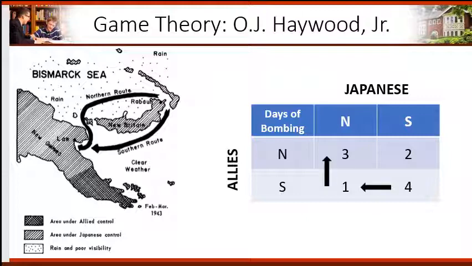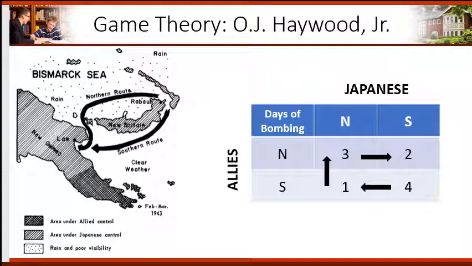But then we said that if Japan is playing north, the best response for the Allies isn't south, it's north, so that they get 3 days of bombing instead of 1. Okay, so now we're in the north-north strategy profile. But here, if the Allies are choosing the top row, the best response for the Japanese is to choose the right-hand column, south. So then they get only 2 days of bombing instead of 3.